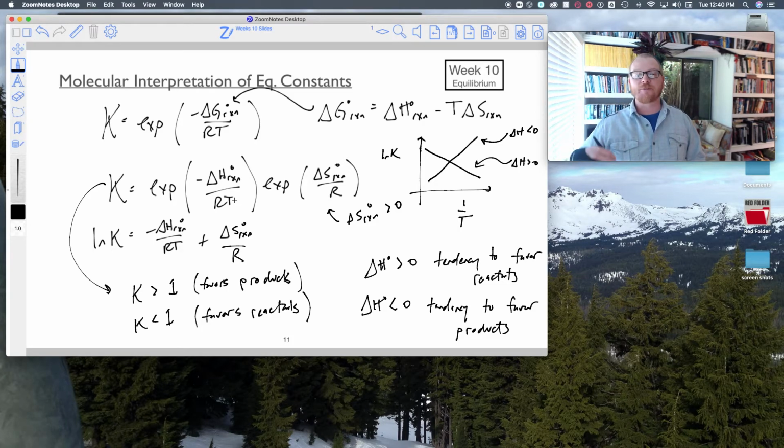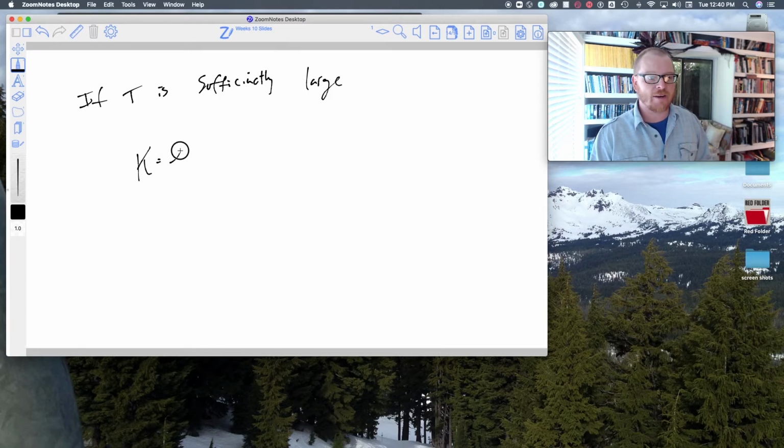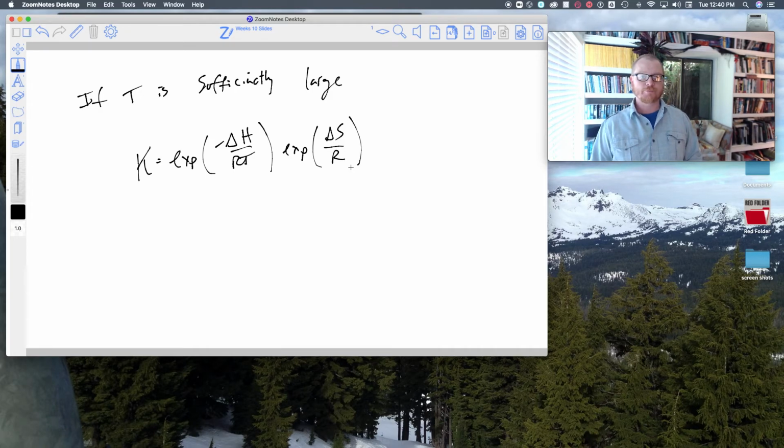So in other words, if the temperature is sufficiently large, I think I ran out of slides here, but let's add another slide. If T is sufficiently large, let's go back to this expression, right? K equals the exponential of negative delta H over RT times the exponential of delta S over R, okay?